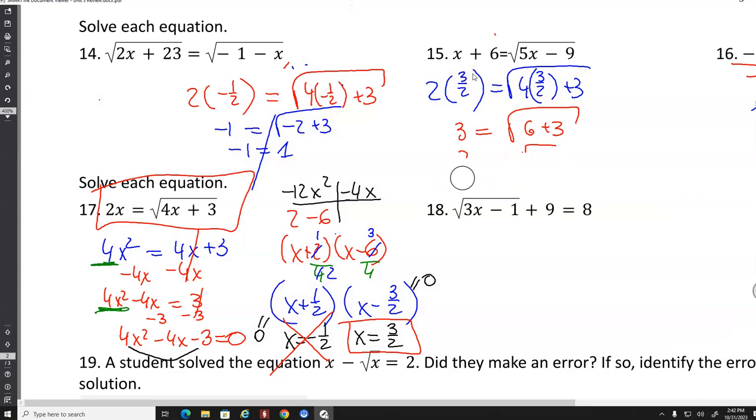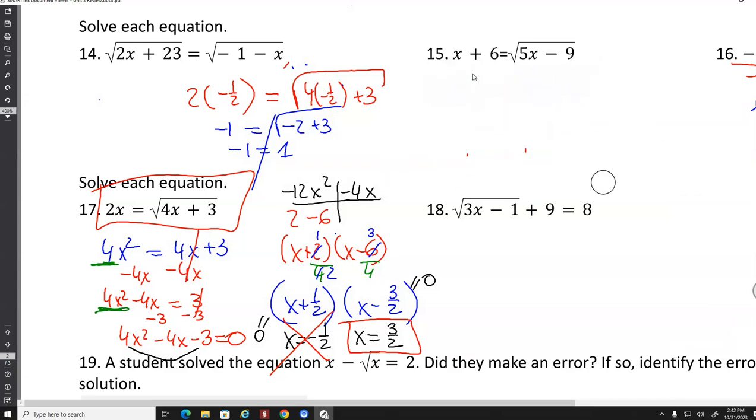Now, lastly, number 18 out of this section. Number 18 does have a 9 right here, so I have to move the 9 to the other side first before I can square it. So I get 3x minus 1 here, which now equals -1.